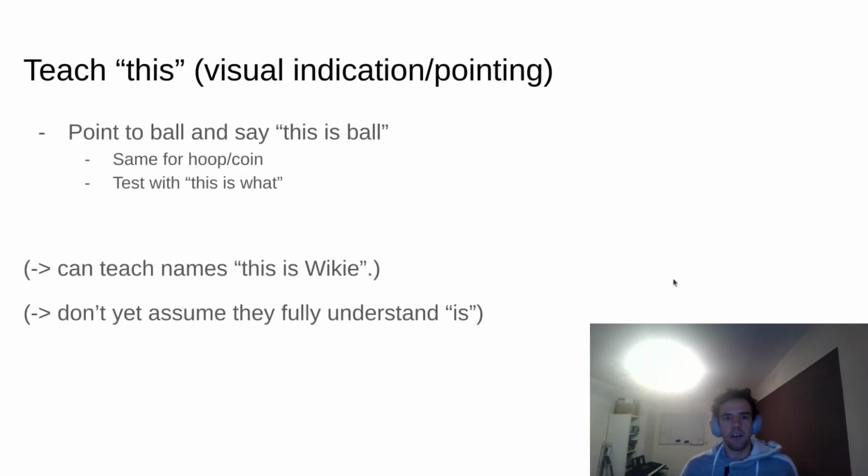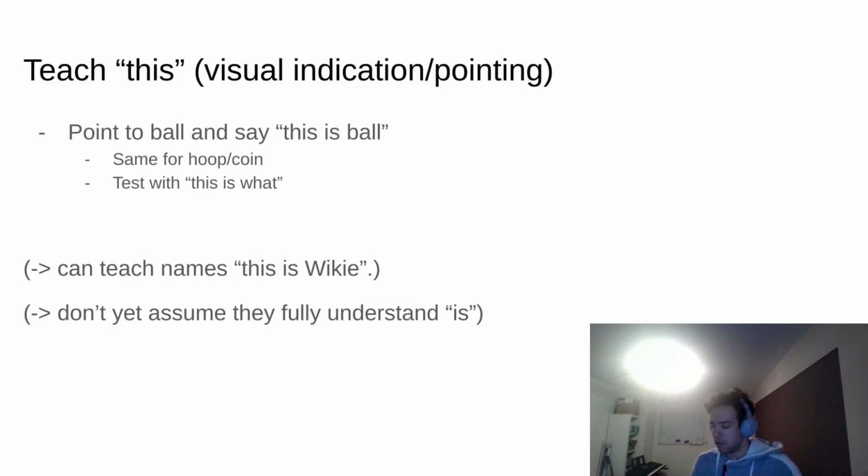And the next thing would be teaching the word this, and this in this experiment means pointing to something, and pointing very clearly to something close rather than far away. So it's this visual indication and not a generalized this, like the this thing I was talking about earlier.